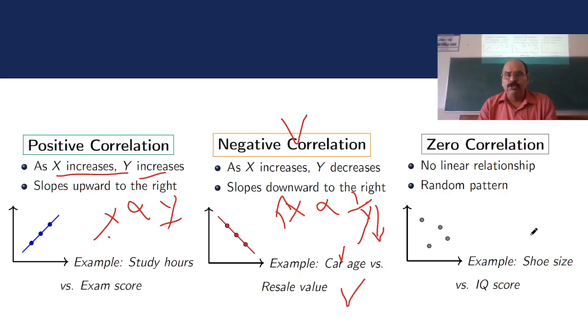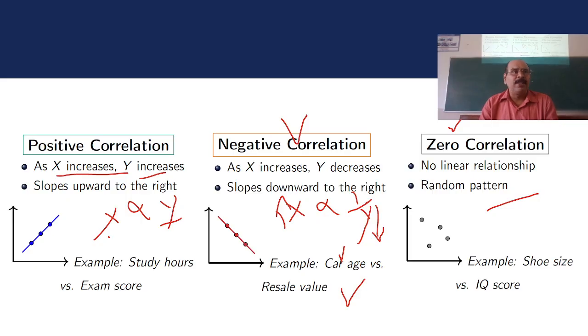And next, obviously, zero correlation. I used to give some examples: the attendance of a student and his marks. Not every teacher is going to agree with me, but it is not compulsory that every student has to attend every day to get good marks. But the number of study hours is proportional.